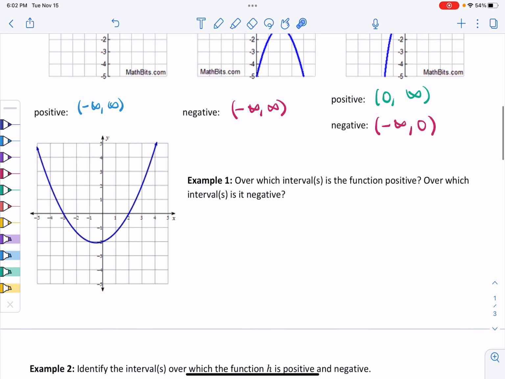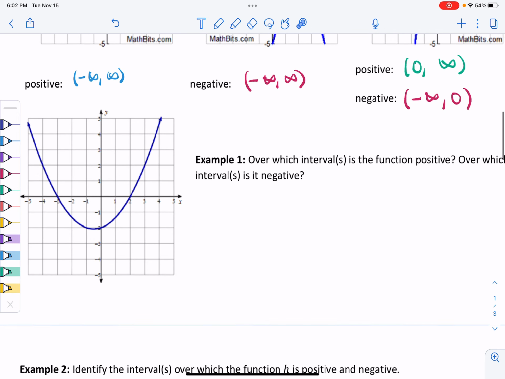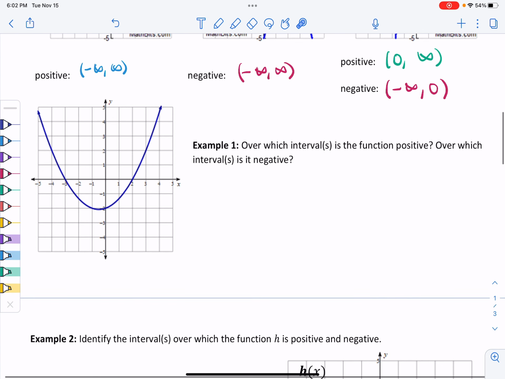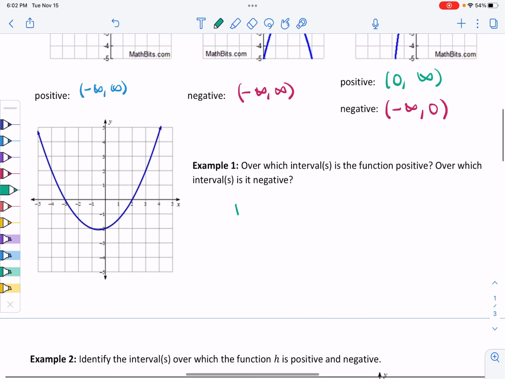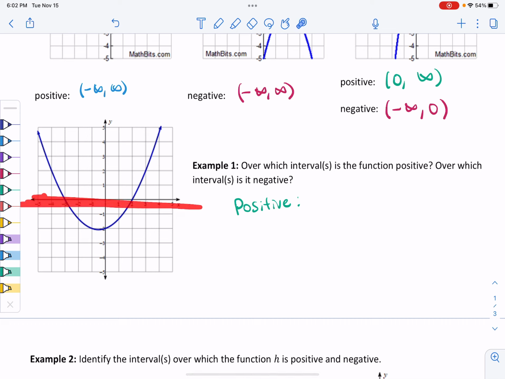All right, so let's look at example 1. Over which intervals is the function positive? Over which is it negative? We need both. We'll start with positive. When is this function positive? We're just cutting it right down the middle at the x-axis with positive and negative. Do not confuse this with increasing and decreasing.